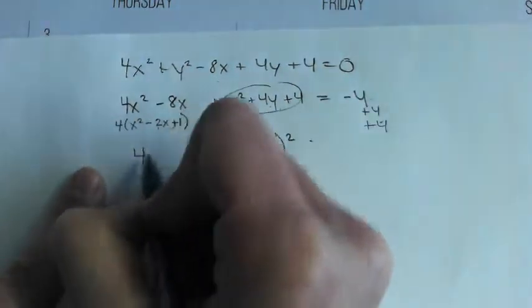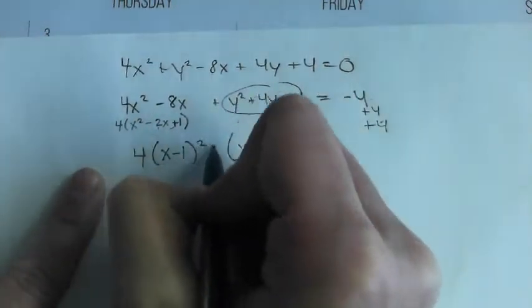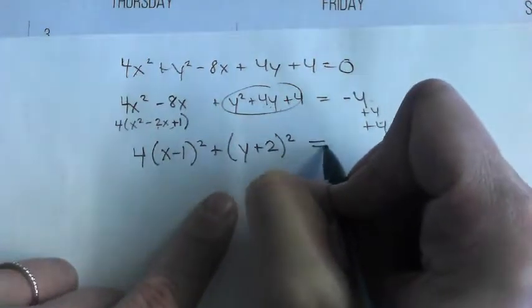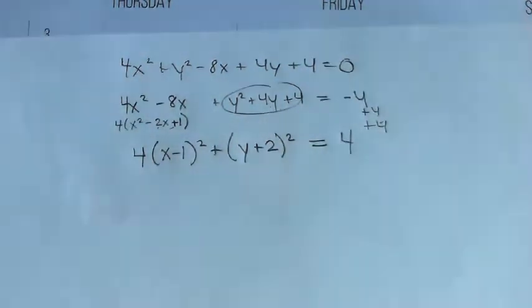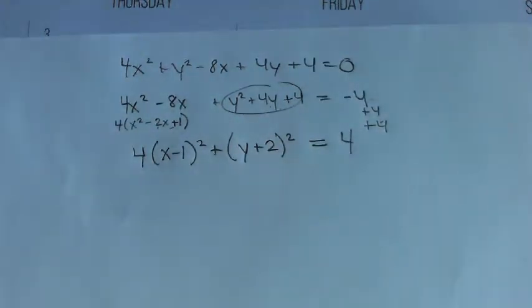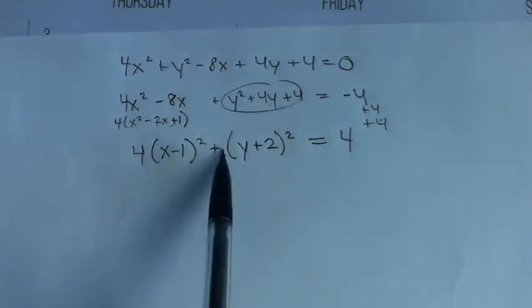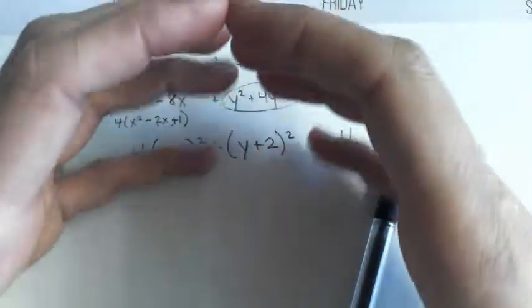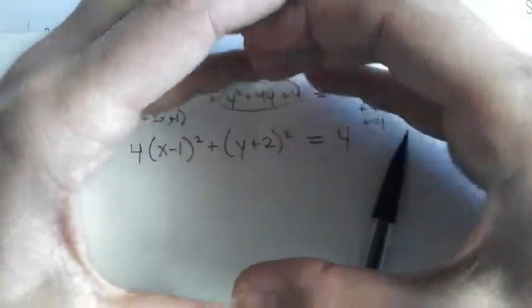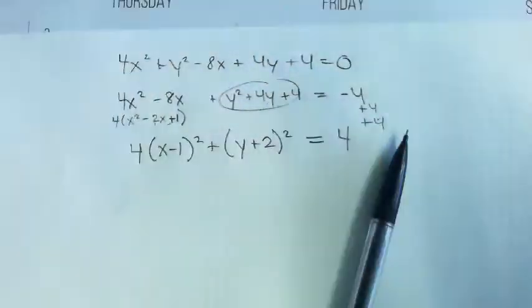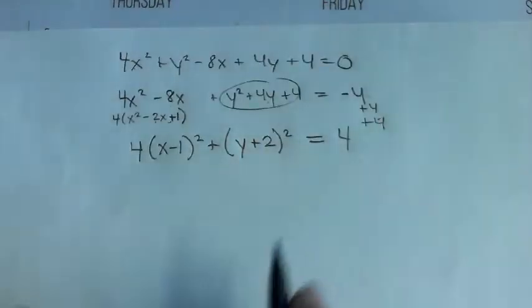So this ends up being not a circle, but an ellipse. Because if these are ever not the same coefficient, then it's not a perfectly round circle anymore. It's been pulled this way or pulled that way. Does that make sense? Okay?